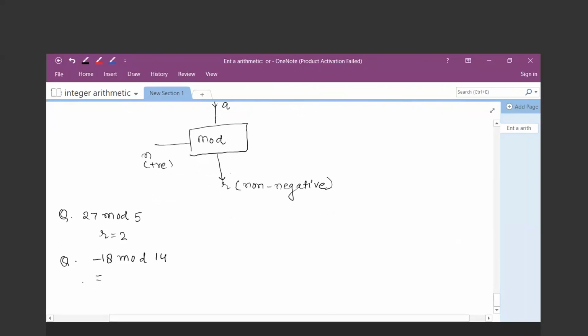The answer is minus 4 mod 14, right? As I told you, r should be a non-negative value, but here it is negative, so we have to convert it into a positive value. What is the conversion process? You add the modulus, minus 4 plus 14, so 10 will be the answer.